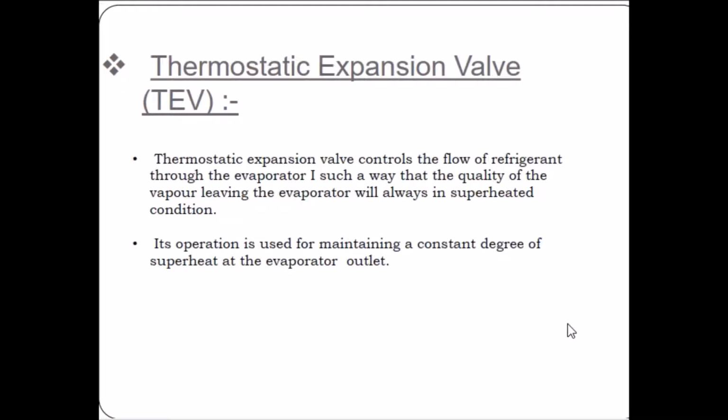So we can control the condition of the refrigerant to always be superheated. Its operation is used for maintaining a constant degree of superheat at the evaporator outlet. Okay, we can check that later.